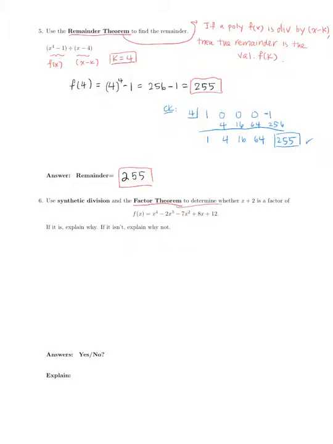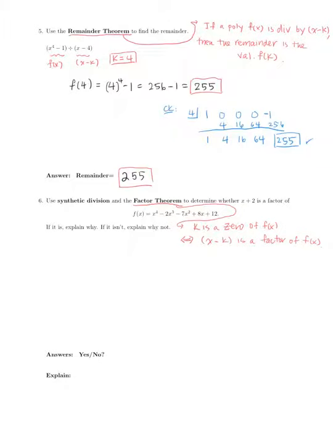The factor theorem says that k is a 0 of f of x if and only if, the notation for if and only if is the double arrow, x minus k is a factor of f of x.